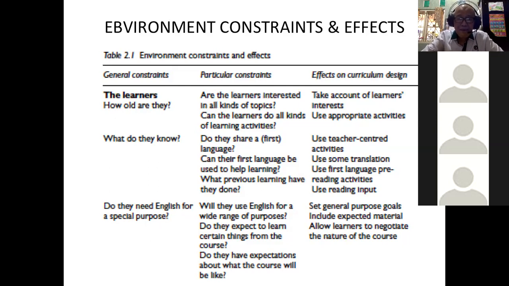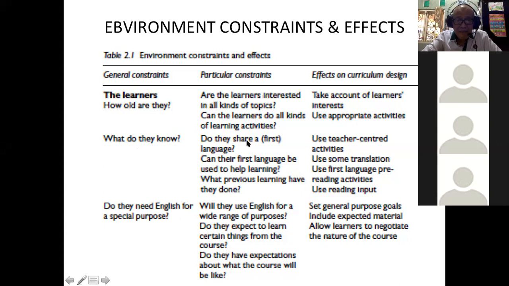Can the learners do all kinds of learning activities based on age? If yes, how are you going to deal with it? If no, how are you going to deal with the difference in ability of doing activities based on age? And then try to consider, what do they know?